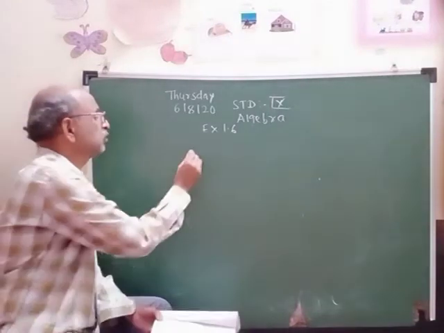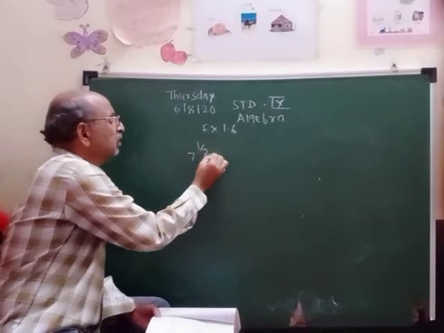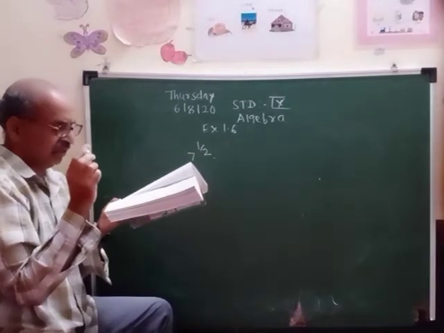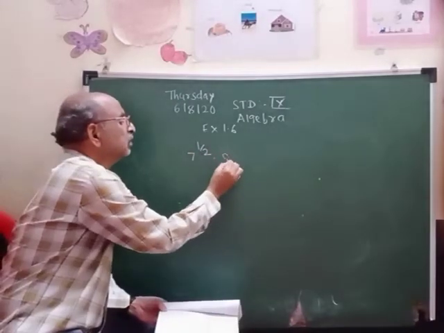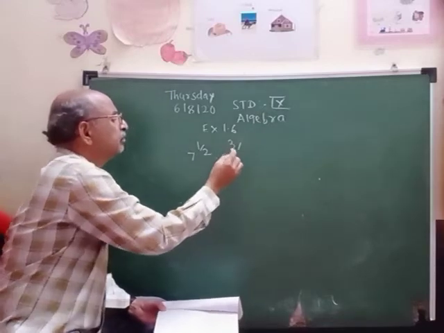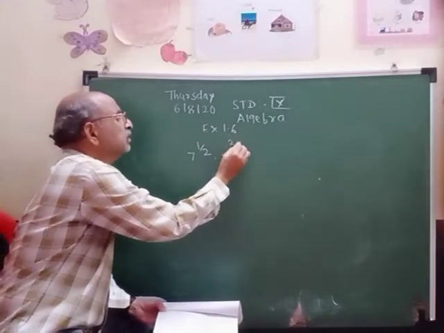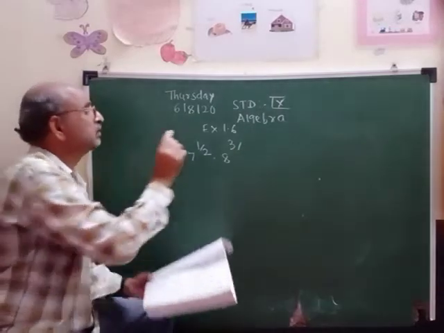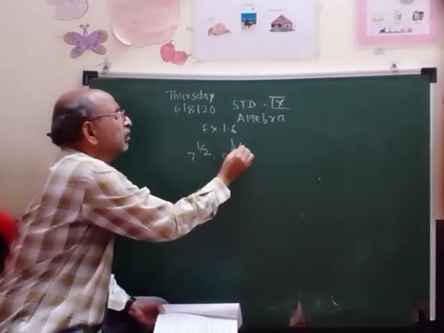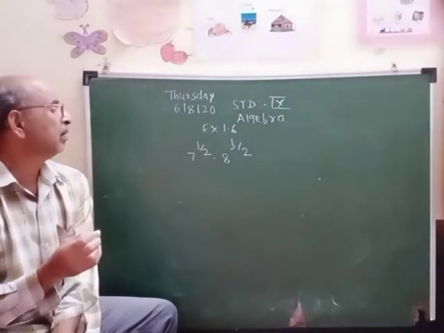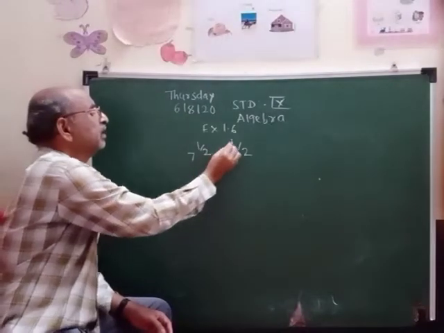Now 7 raised to 1 half multiplied by 8 raised to 1 half. The dot means multiply.